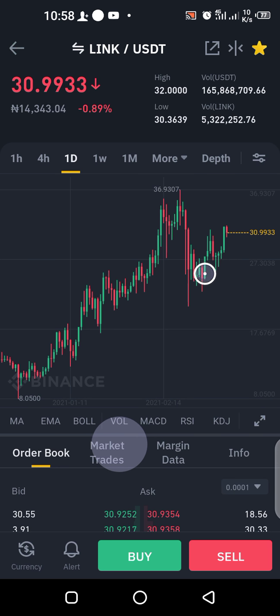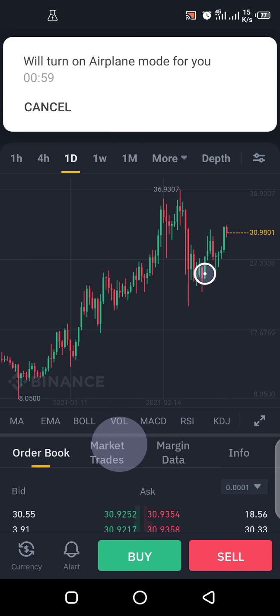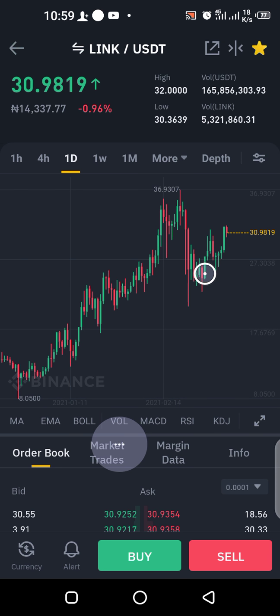The reason is smart money traders don't enter the market anyhow. When they want to enter, they target the support level, the demand zone, because that's the price people will be putting their stop loss.